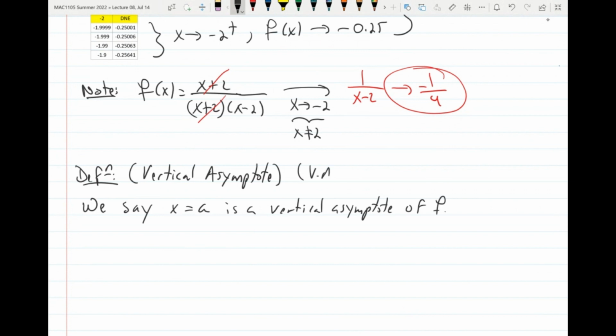So I'm going to abbreviate vertical asymptote from now on as VA. Okay, it's a vertical asymptote of f if f of x increases or decreases without bound as x approaches a.